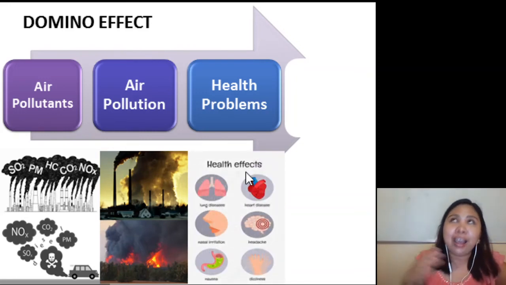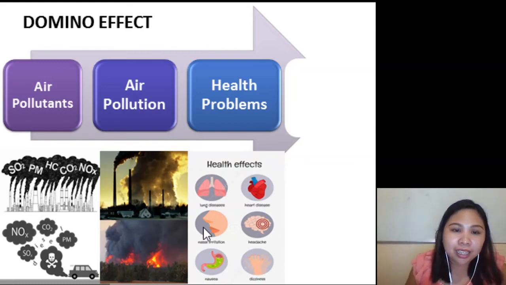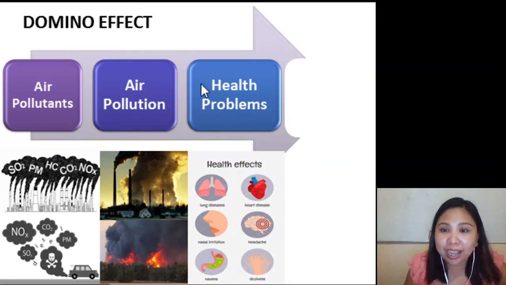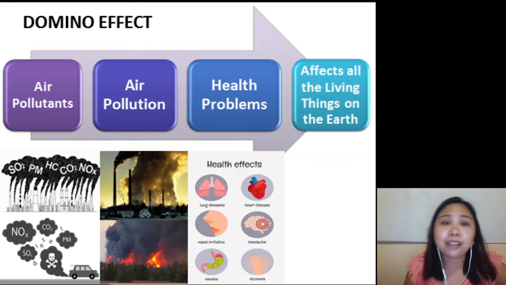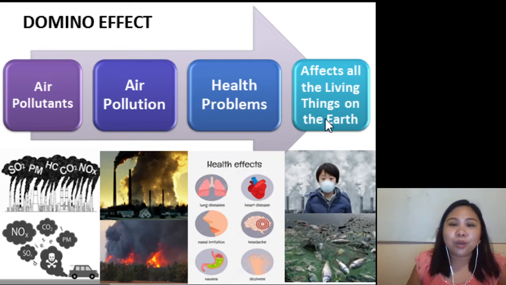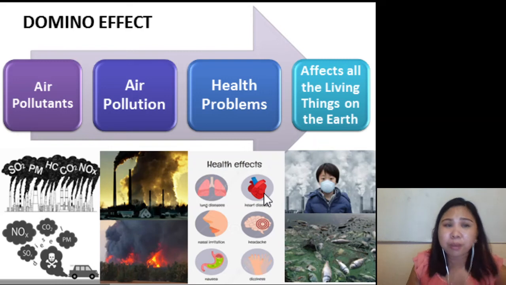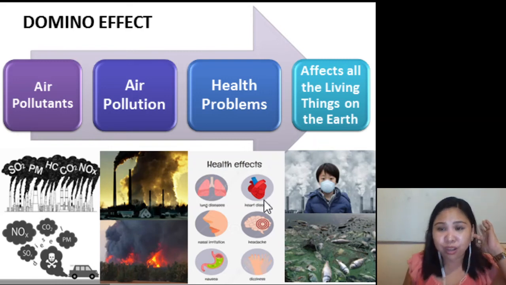Or health problems, sa lungs, sa heart. Nagkakaroon na siya ng epekto sa ating health. So, kapag meron tayong health problems, of course, it affects all the living things on the earth. Namamatay yung mga organisms. Madaming namamatay na tao because of air pollution.